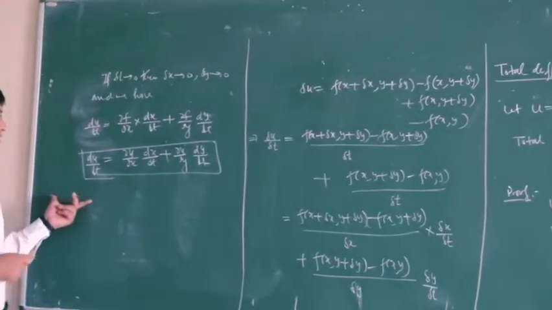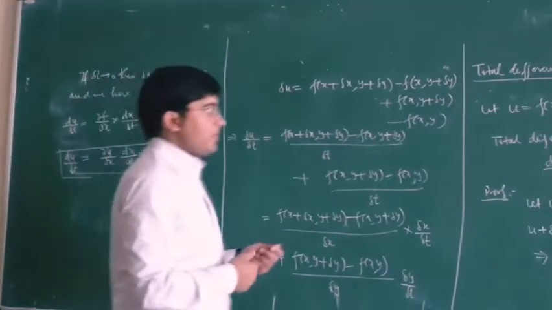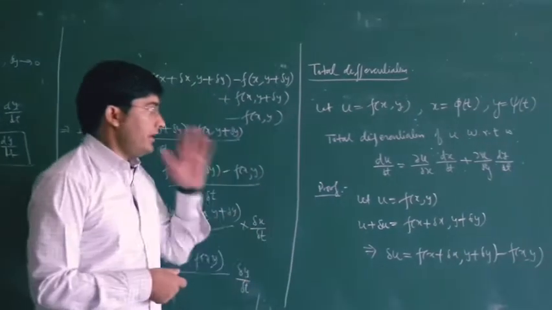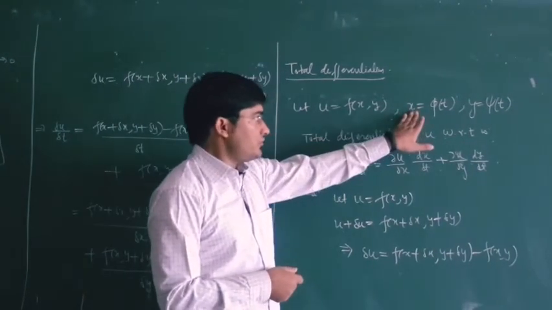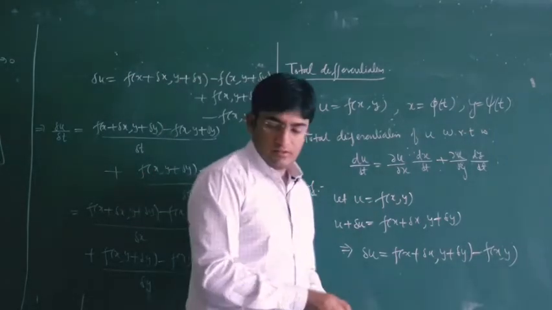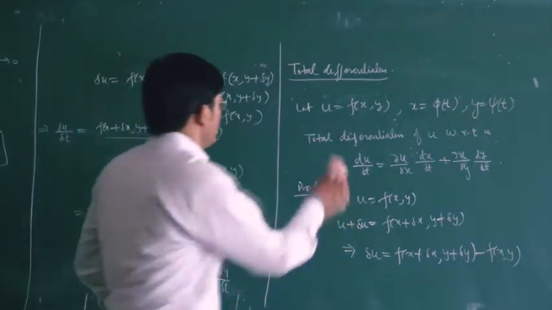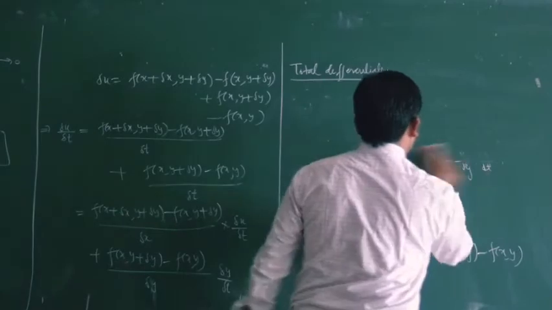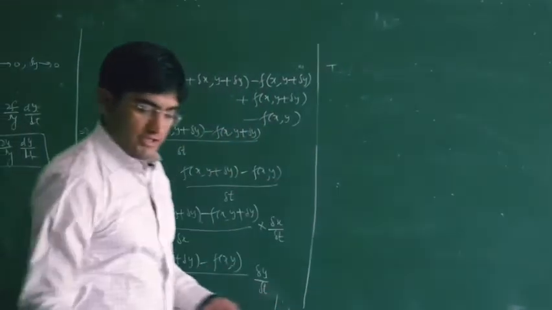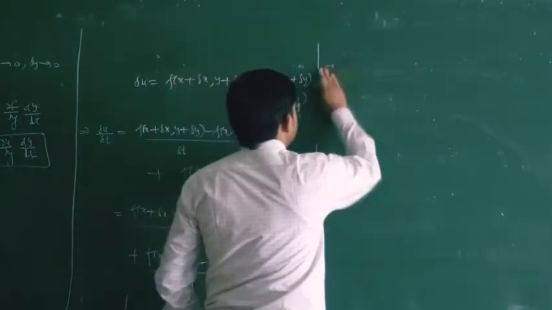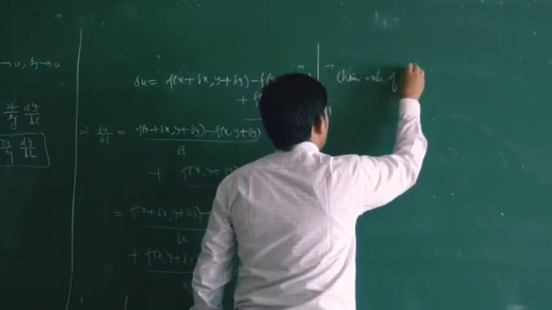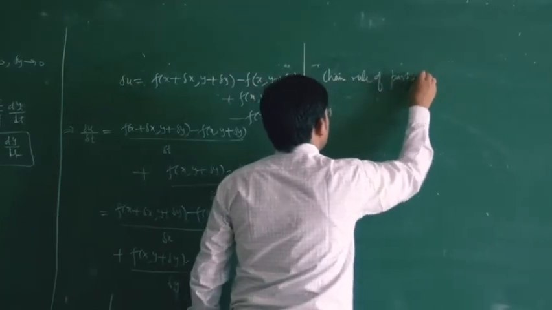Okay. Now let us discuss the chain rule of partial differentiation. Here our x was a function of t alone. Now if x is a function of another two variables and y is a function of another two variables, then using the same technique we have the chain rule of partial differentiation.